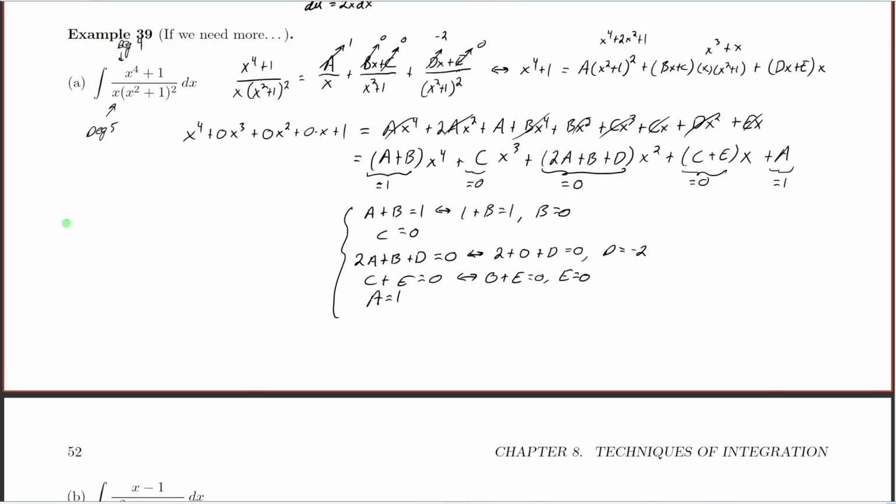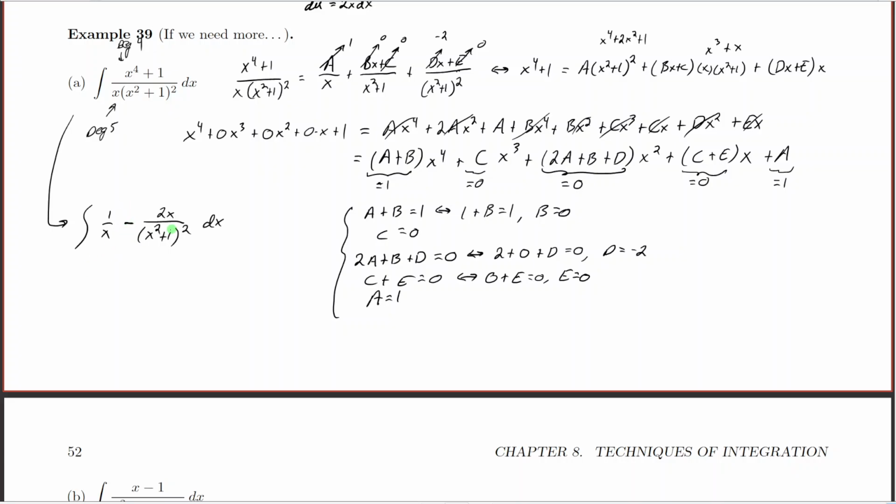So that means that our integral simplifies quite a bit. We're going to get 1 over x, we know how to integrate that, plus negative 2x, I guess I can put the negative out front, over x squared plus 1 squared dx. I'm going to move this negative out in front of that term.